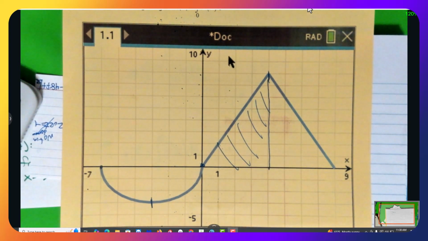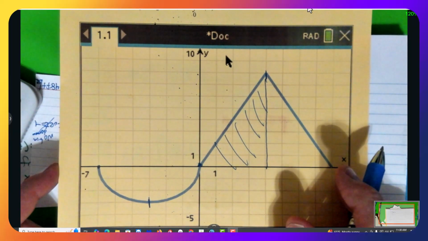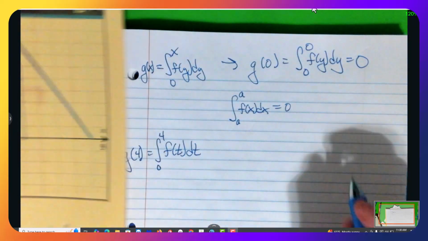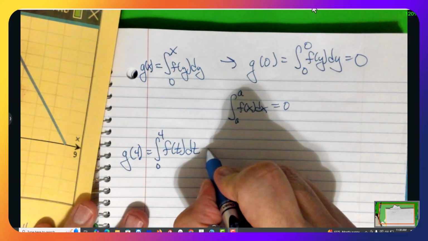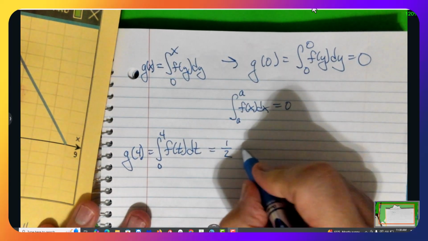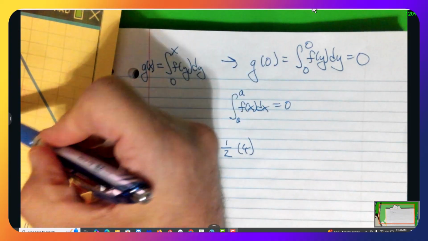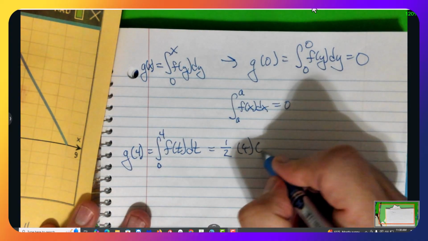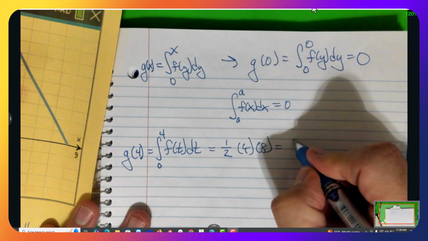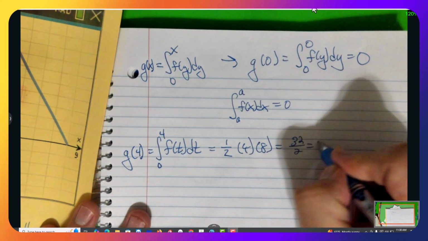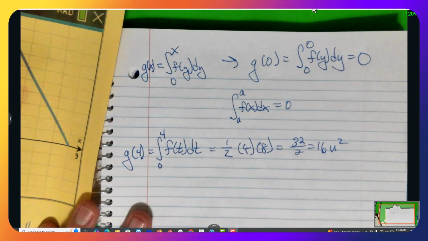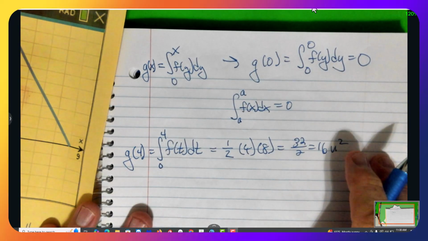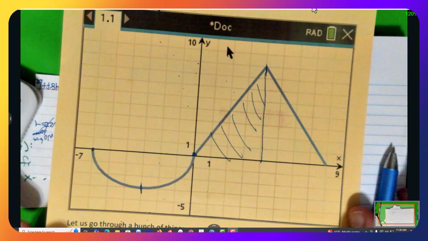Okay, I see a right triangle. If my memory is correct, the area of a triangle is 1/2 the product of its base and height. So this young adult is going to go, that's 1/2. I have a base of 4, and I have a height of 8. So half of 32, so 16 square units. Okay.